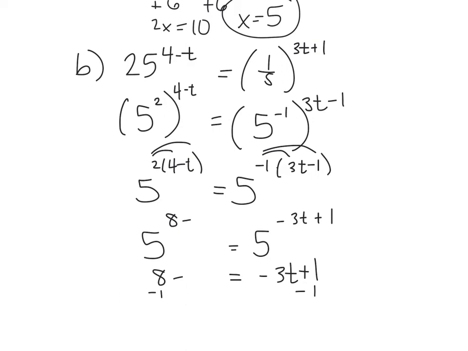Okay, get my little pencil back. I apologize, minus 2t. Alright, so now I'm going to add 2t. Oh, and then I just realized that I switched a positive and a negative sign. Gosh, I'm struggling here today.